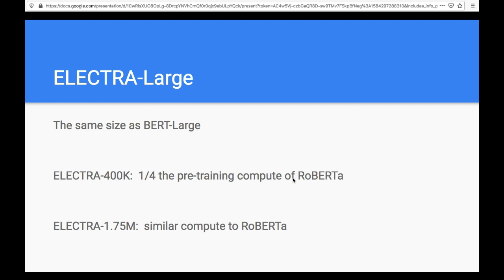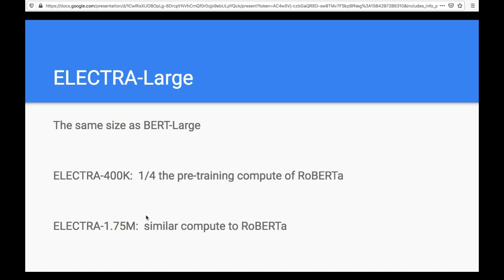So they also created another one, ELECTRA large, to compare with current state-of-the-art models like BERT and XLNet. The model size is roughly the same as BERT large, with the same model architecture and the same parameters.